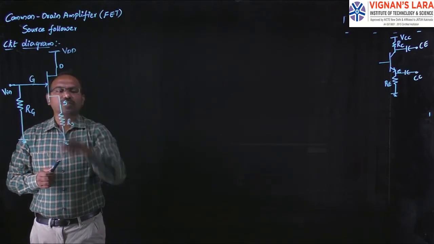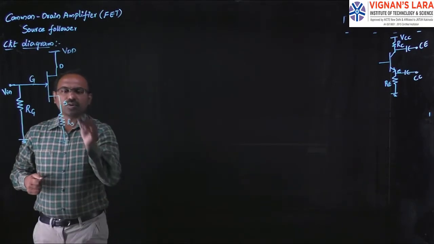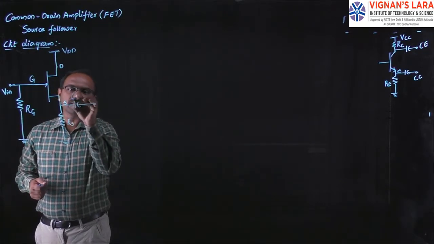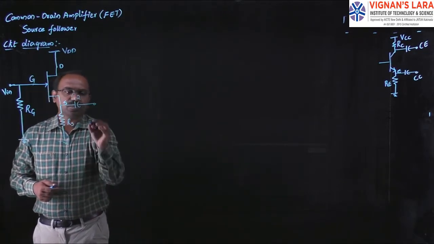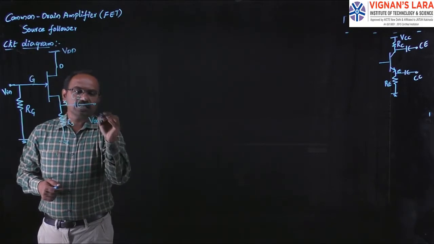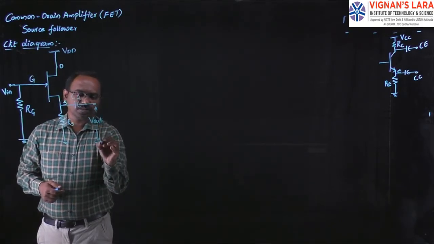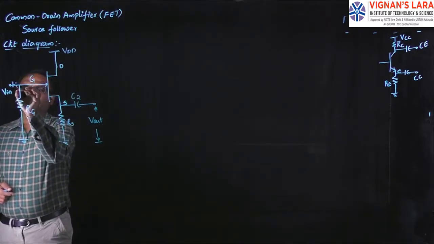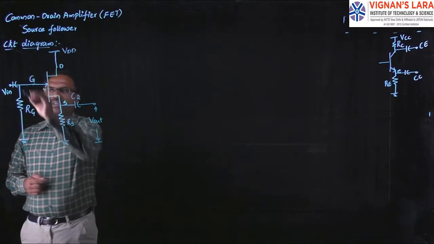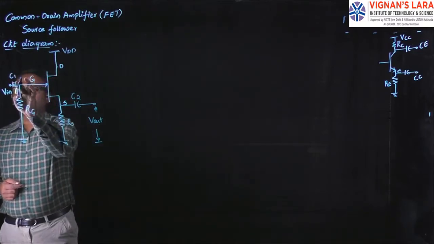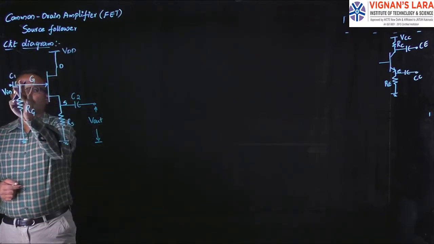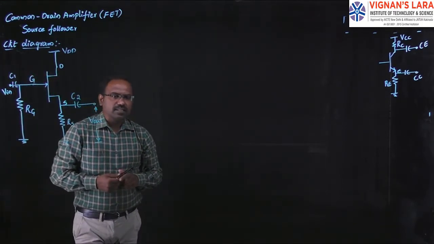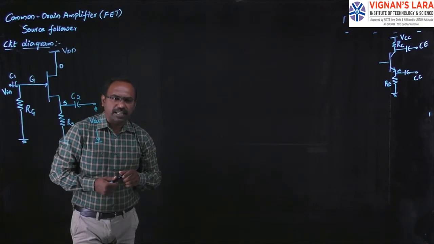Why? Because the drain should be the common terminal. So the output is taken across the source terminal with an output capacitor, C2. So this is V out. Generally here we will have an input capacitor like this. Indicate that one also, C1. Right. So this is the circuit diagram for common drain amplifier.